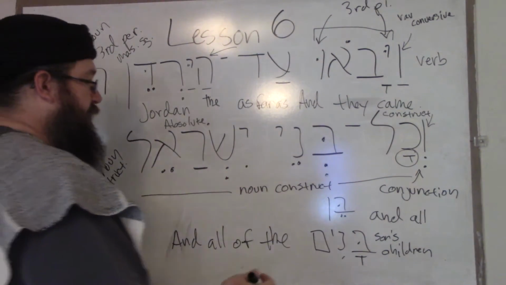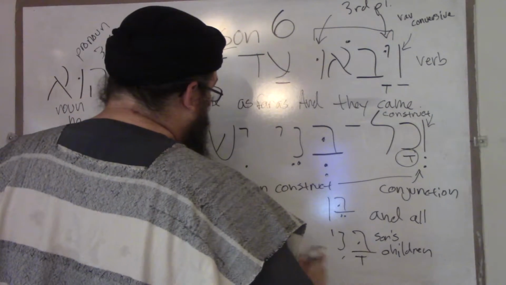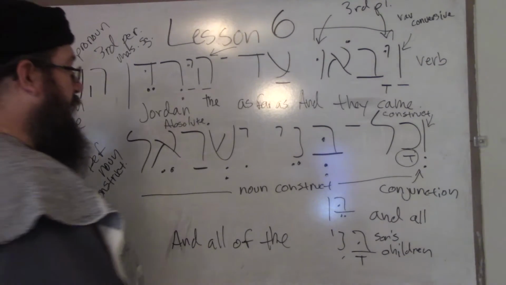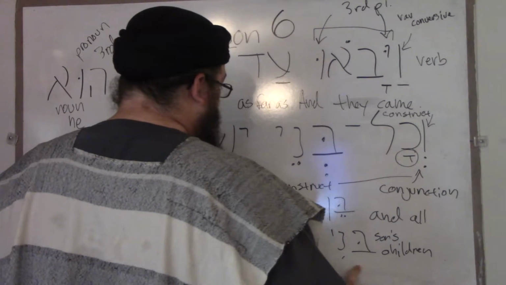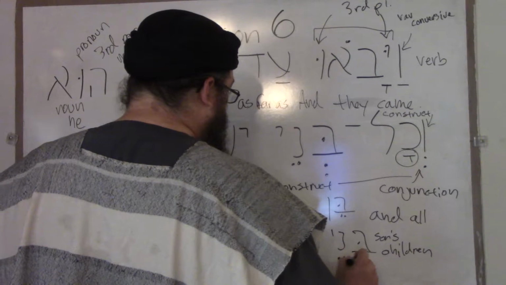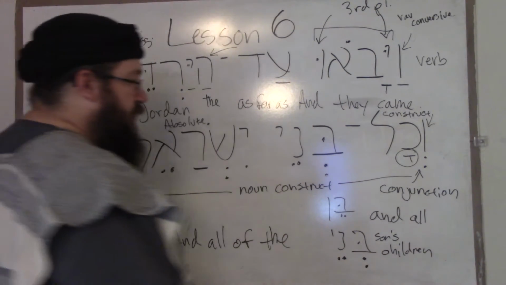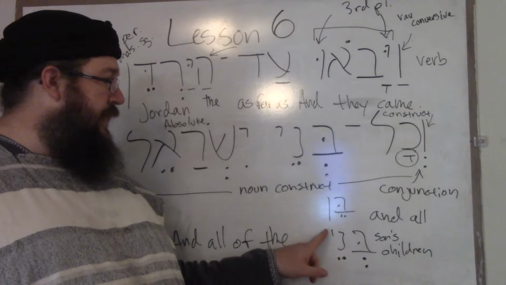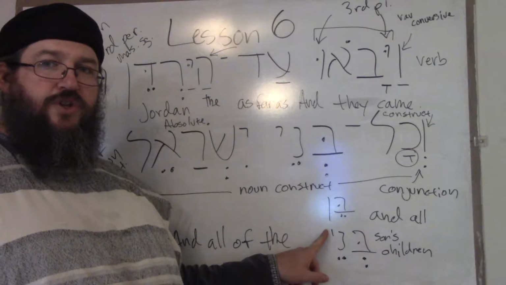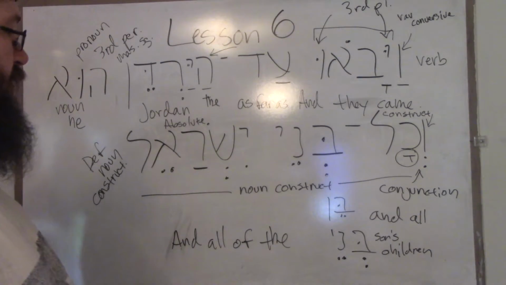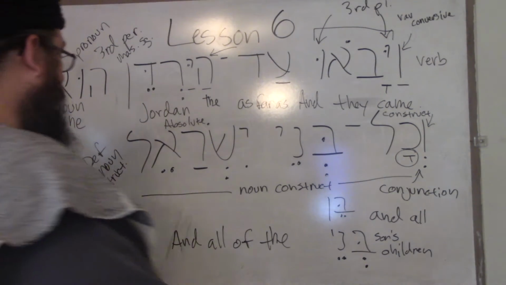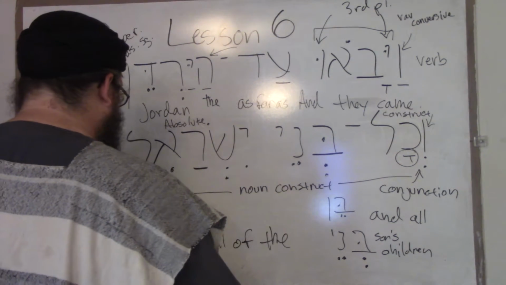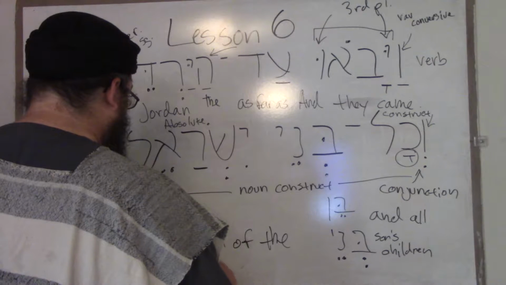Okay? So what are we doing with the noun construct here? Well, with the noun construct, we're having to delete the mem at the end of the word banim, and now we have to change this into its construct form. So you're going to see the schwa underneath the bet, and the tzarei under the nun, and the yud is what shows that this is the plural form. Okay? So now we have and all of the sons or children.